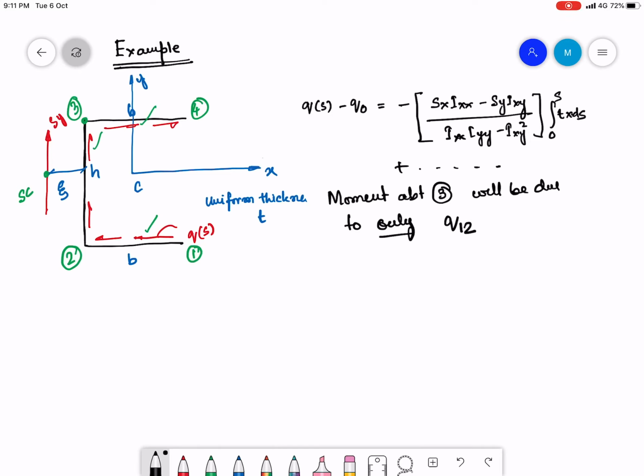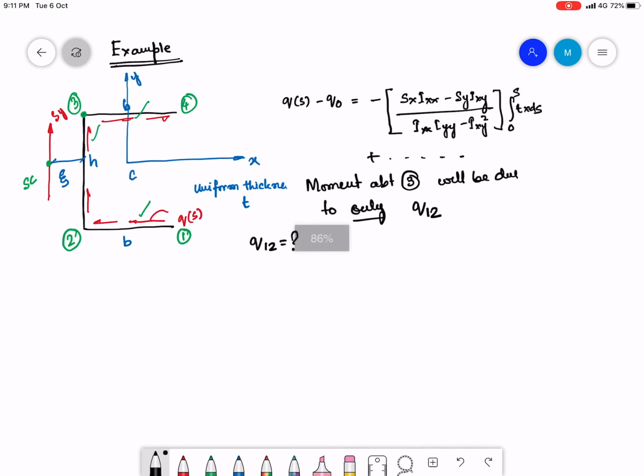The other shear flows are not going to contribute to the moment about 3, because they all pass through 3. Therefore, to find out the shear center, if I choose point 3 as the point about which we are calculating the moment, I just need to find out Q12. That's my only job. Okay, now let us try to find out Q12. So what is the first step in finding out the shear flow Q12? First step is sectional properties.